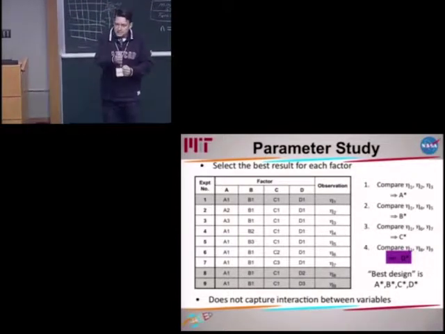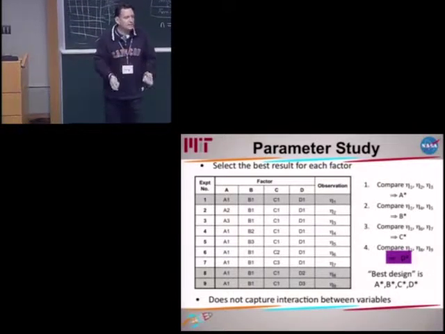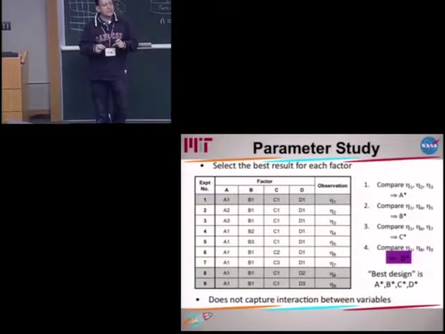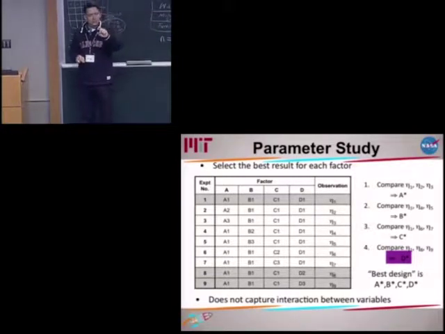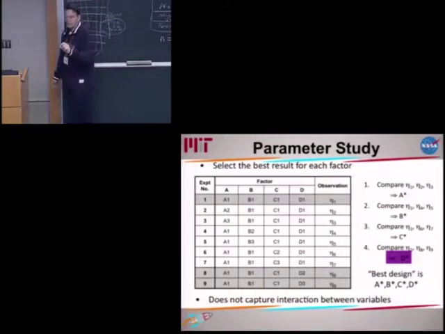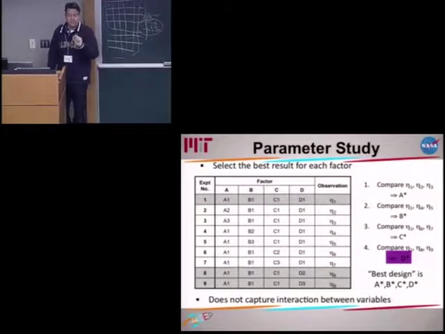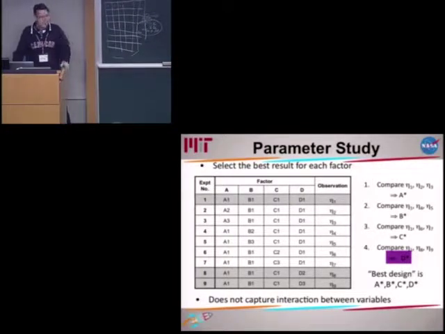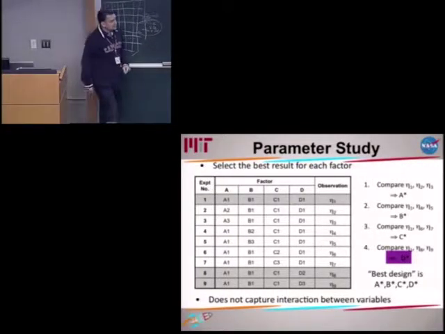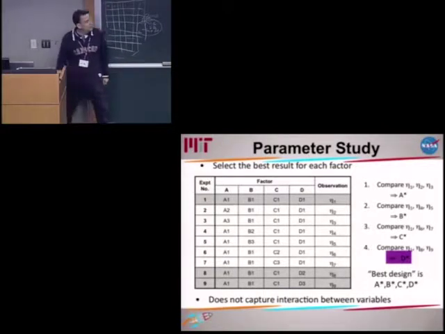So in parameter study, you do what I said. You pick the baseline design, you look at one axis at a time, and then in post-processing, you're going to say, well, for each of the permutations that I looked at for each factor, what was the best level? And that's the one you choose for your best design.